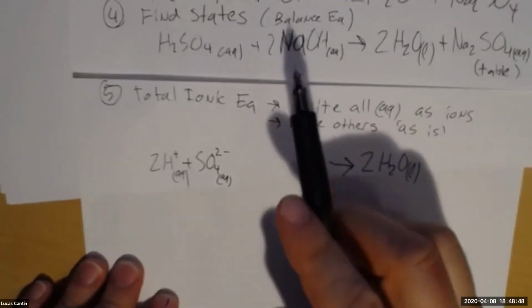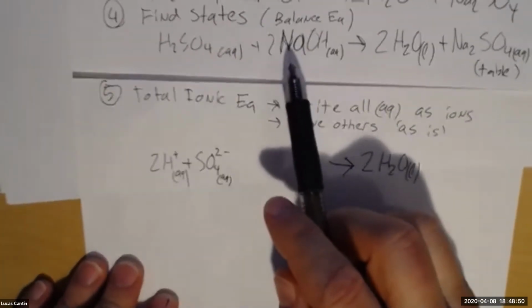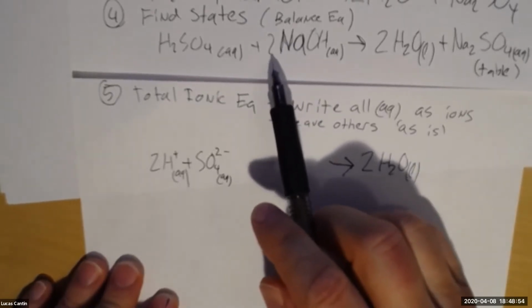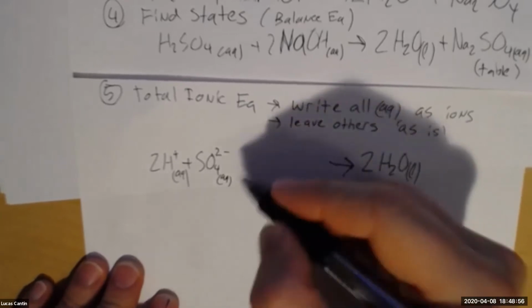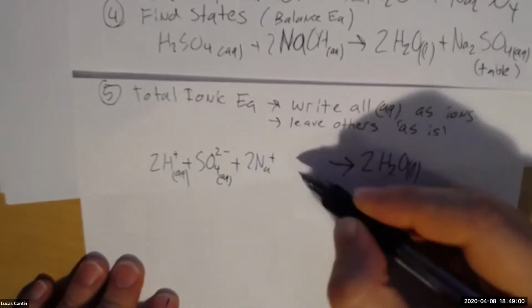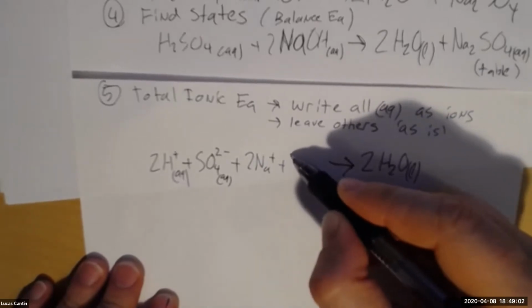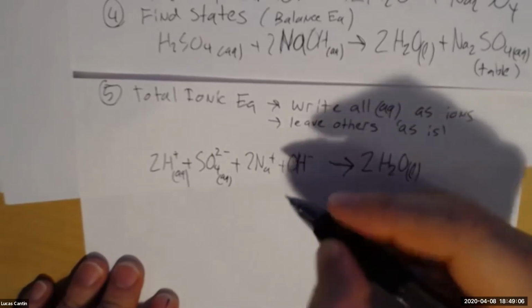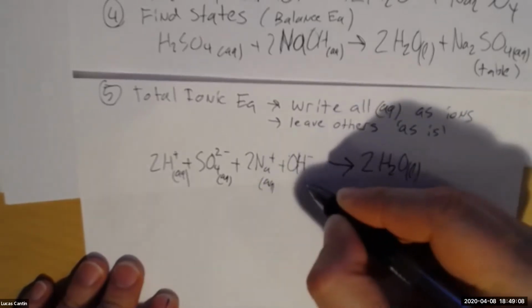right? What about that one? So actually, we'd already broken apart sodium and hydroxide, but now we have a 2 in front. So I'm going to multiply that by 2. I'm going to have 2 sodiums plus and 2 hydroxide minus. And those are also aqueous.